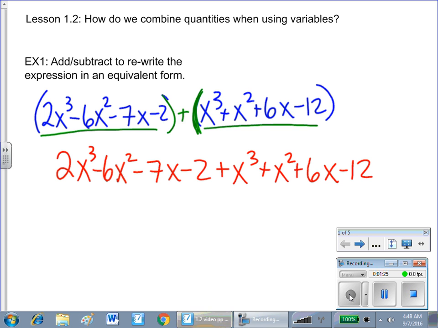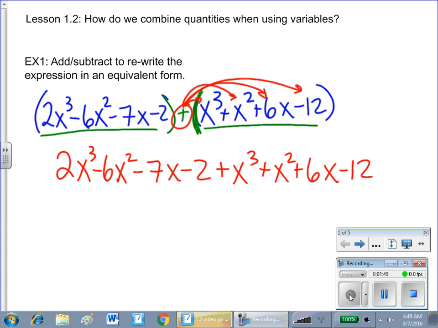Because essentially what this means is that I am adding x cubed, I'm adding x squared, I'm adding 6x, and I'm adding negative 12. And when I add things, the signs don't change. So now what I'm going to do is look for what we call like terms. Like terms mean that the variable is the same and the exponent is the same.